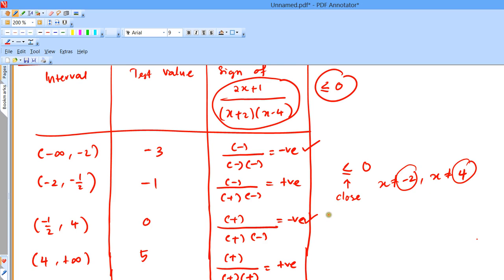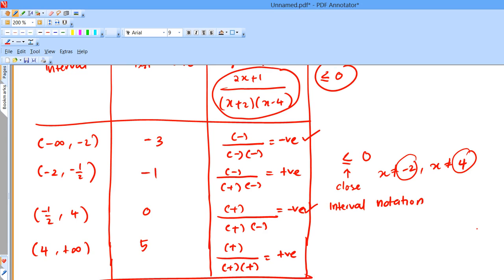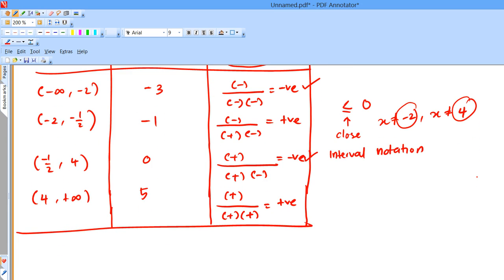So in interval notation, our solution: from negative infinity to -2, we use an open bracket, union, and then the third interval we use a close bracket, -1/2, and then 4.